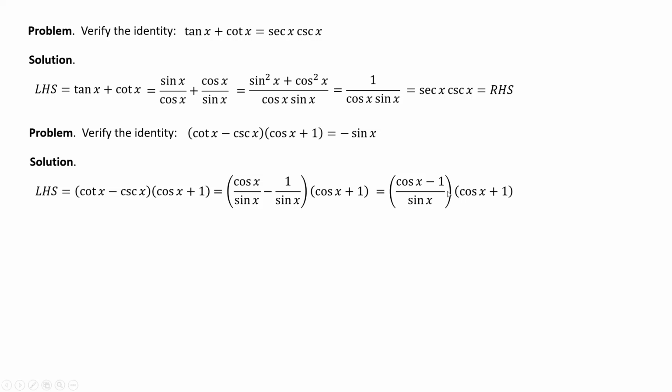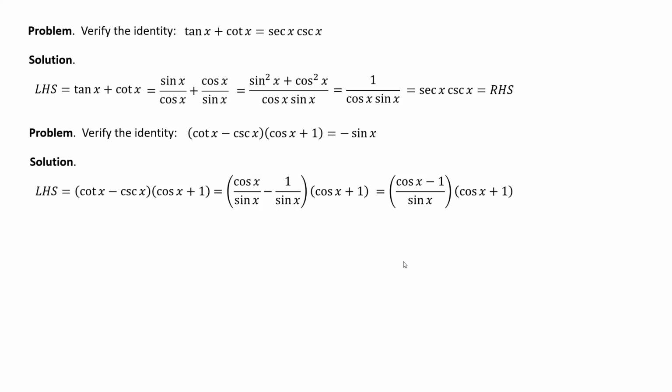Hey, and also, the moment I see this, cosine x minus 1 and a cosine x plus 1, to me that's the a minus b times a plus b, difference of squares. Aha, so that's going to be cosine square x minus 1.